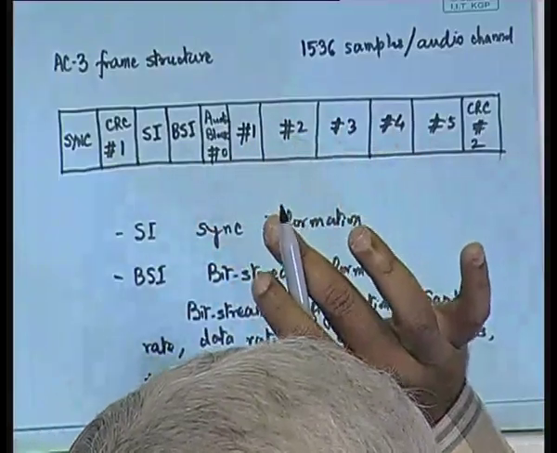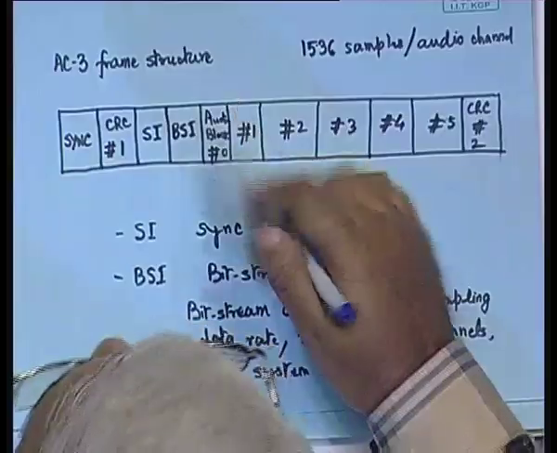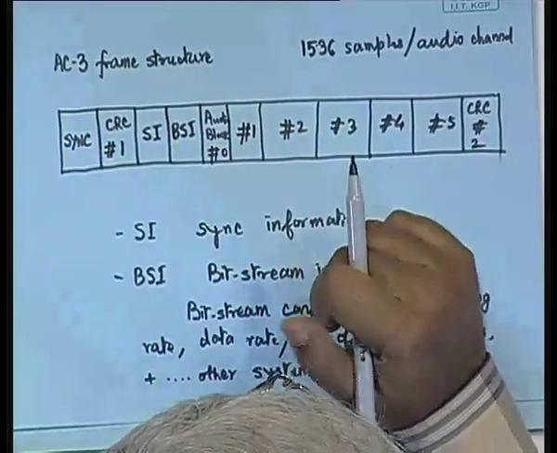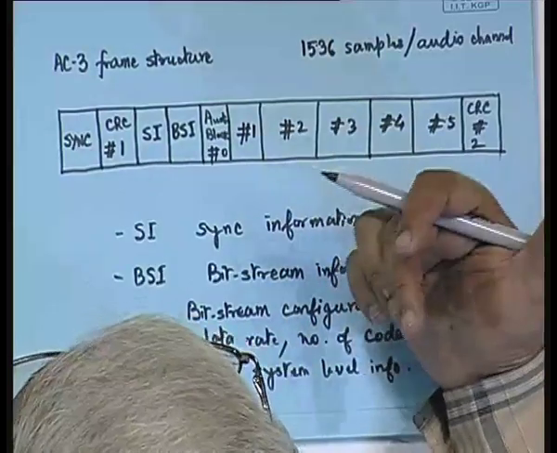We can start the decoding when the first 2/3 of the AC3 frame is received, and there the CRC1 and audio block 0 information is enough. So first we check CRC number 1, decode audio block 0, then we also decode audio block 1, and by then the rest 1/3 of the AC3 frame will be received, and then we can look for the CRC2 and decode the remaining audio blocks.